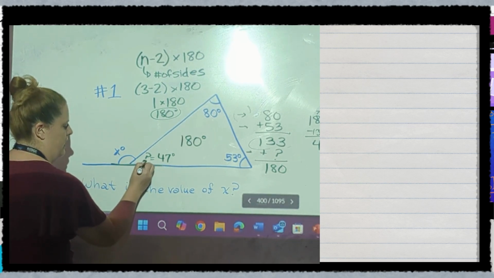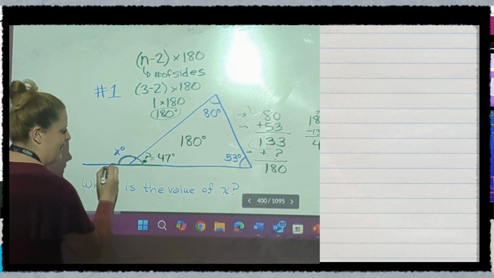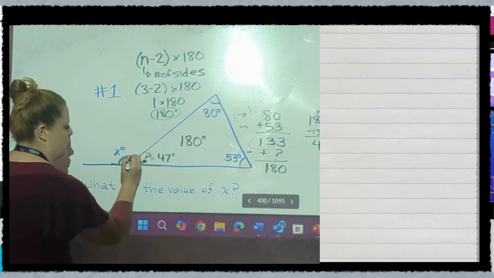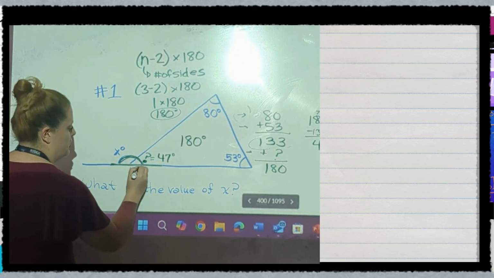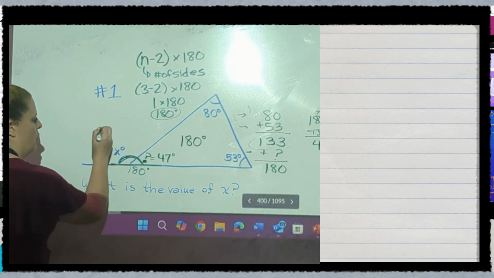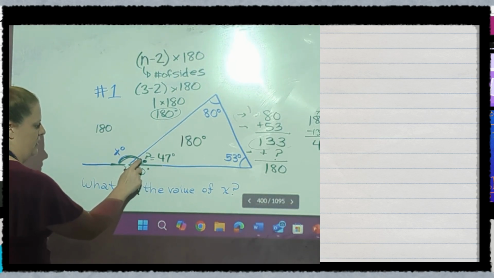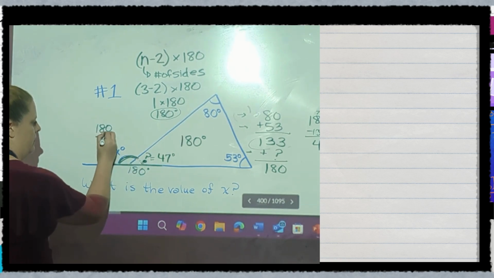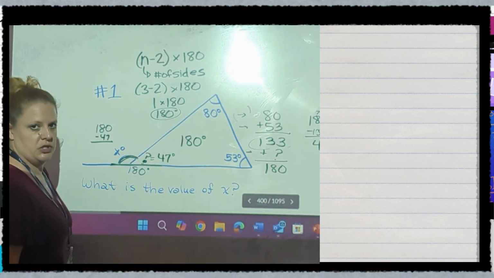So 47 plus whatever x is gives us that half circle or straight line, which is 180. Once again, 180. If we take away the 47 right here, that will give us what x is equal to.